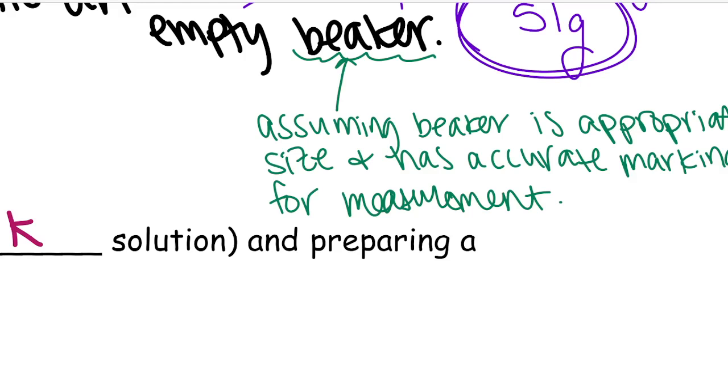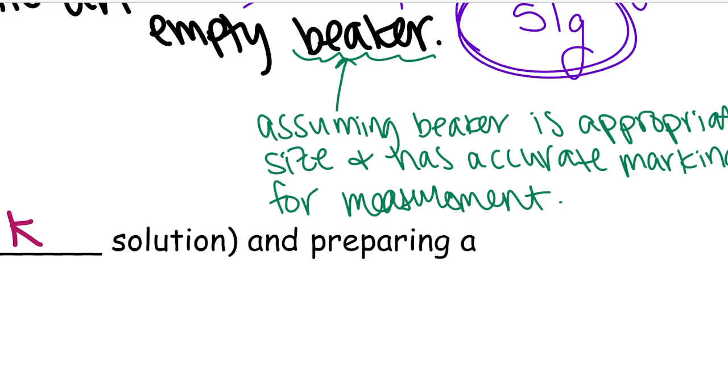Do you remember that? Do you want me to show you what I'm talking about, or you're good? You want me to show you? We're good? Okay, so remember your beakers, they usually have a marking at like 100 milliliters, and then the next marking is at like 150, and then the next one's at like 200. So they're kind of graduated like that, they're marked, but if I asked you to measure exactly 150 milliliters, you're kind of guessing where exactly that 150 mark is.